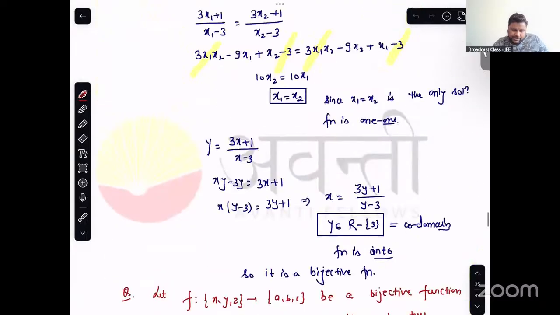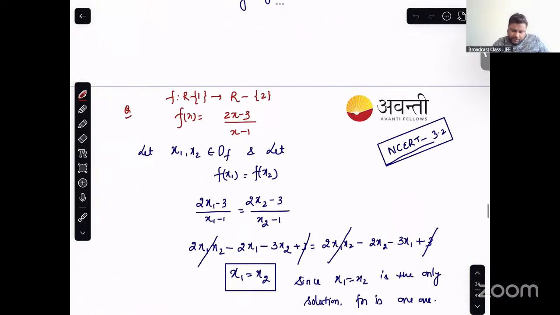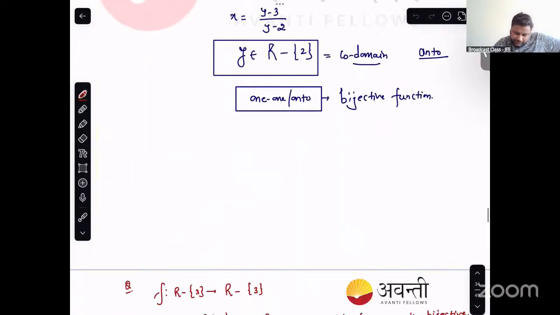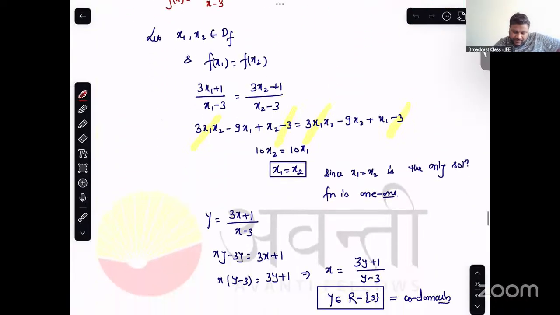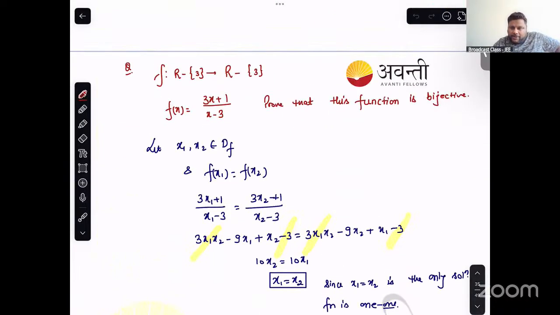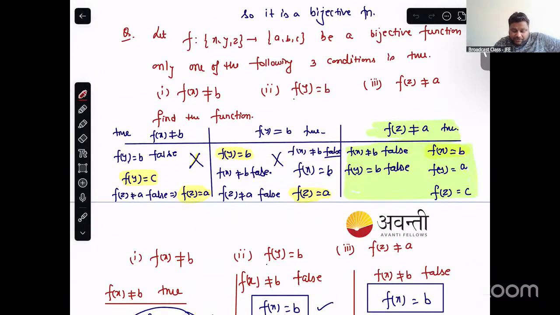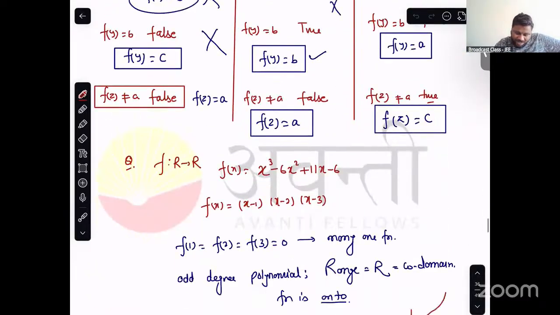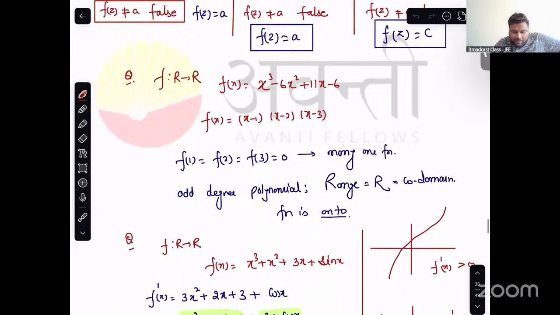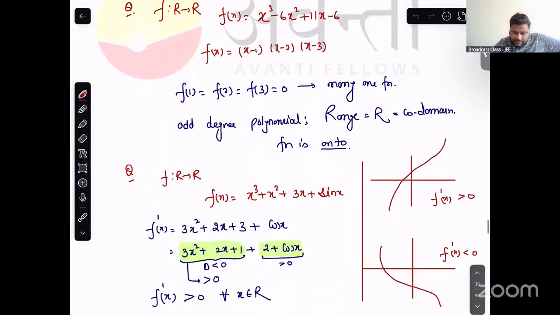All right. So yesterday we have been doing questions from one-one, many-one. And we did this one linear upon linear question. Then this question out of which three statements are given and only one was correct. Then this cubic polynomial with roots as 1, 2, 3.